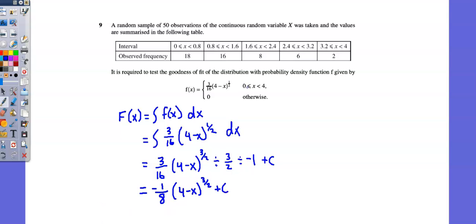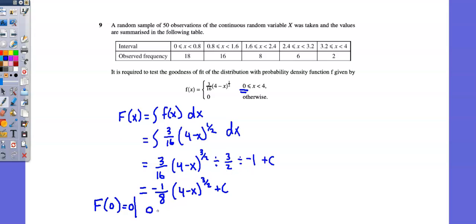Looking at my original information, the low end of x is 0, so 0 is less than or equal to x. So I know that the big F with an input of 0 equals 0. Let's see what that looks like.